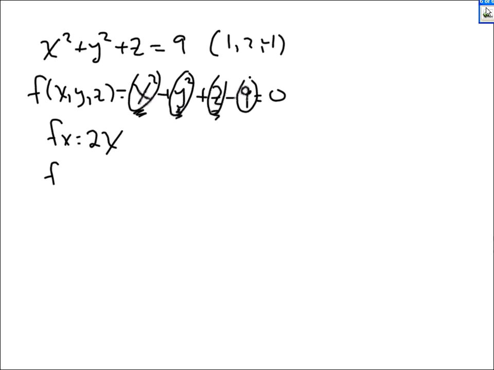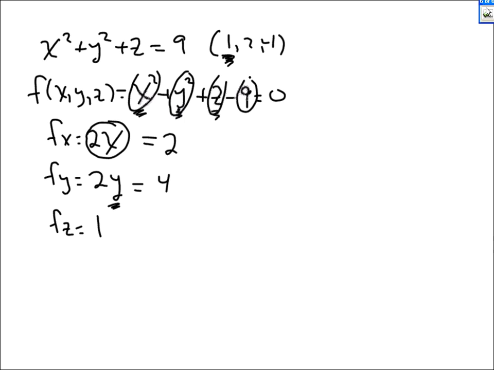You get 2x. For y, the partial is 2y. For z, the partial is 1. Okay, at the indicated point, in this case it just had x's, so f sub x only has x's. X is 1. 2 times 1 is 2. Y is 2. 2 times 2 is 4. And regardless of what x, y, and z are, f sub z equals 1.